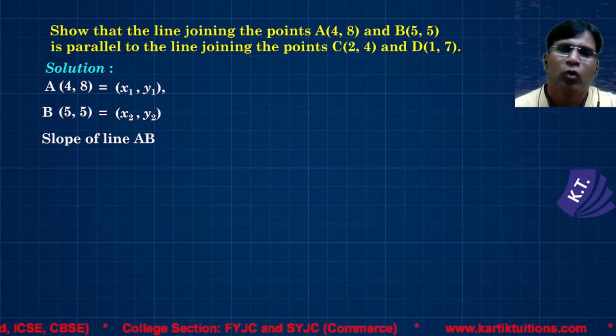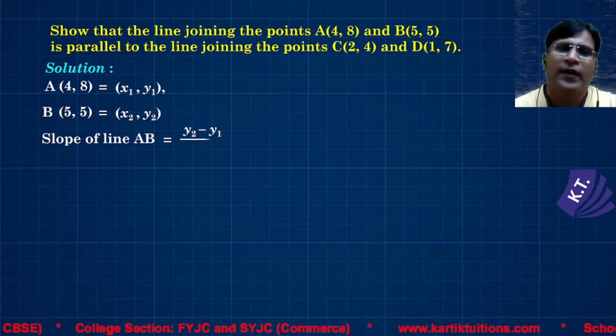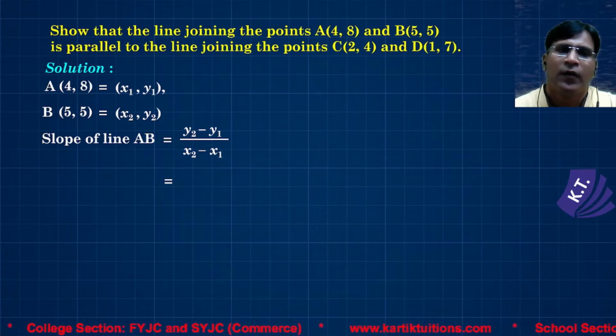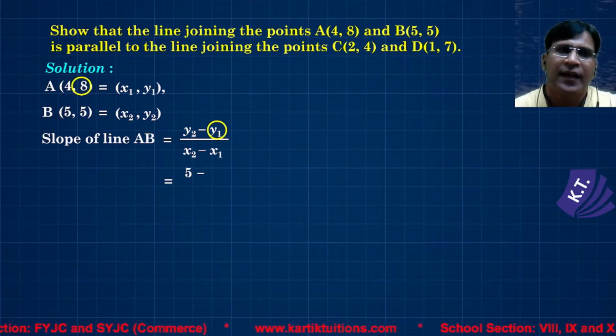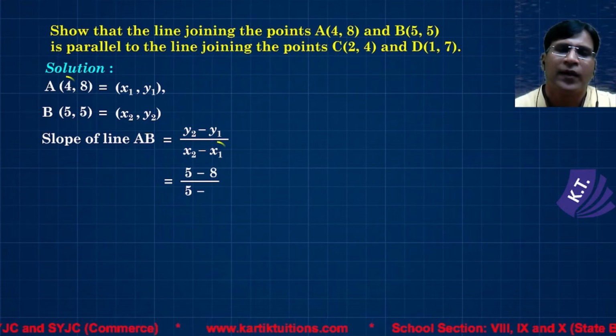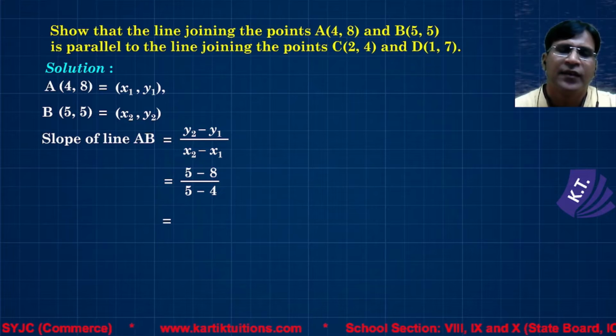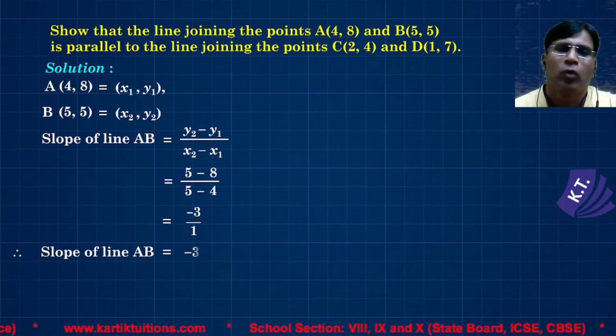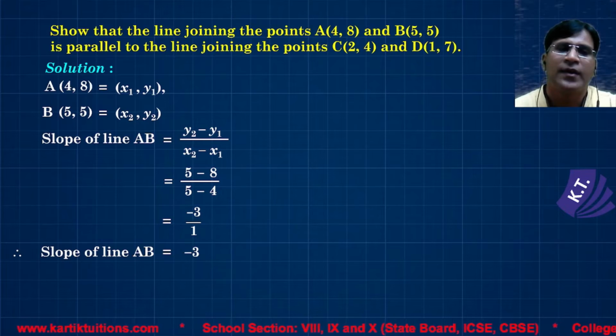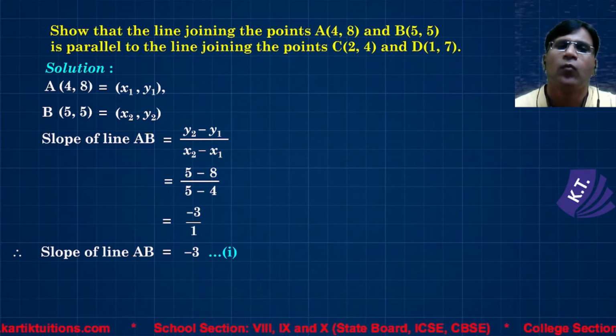The slope of line AB, the formula is y2 minus y1 upon x2 minus x1. Here our y2 is 5. So it is 5 minus 8 upon 5 minus 4. Now 5 minus 8 gives us minus 3. So minus 3 upon 1 gives us minus 3. The slope of AB is minus 3. Let that be equation number 1.